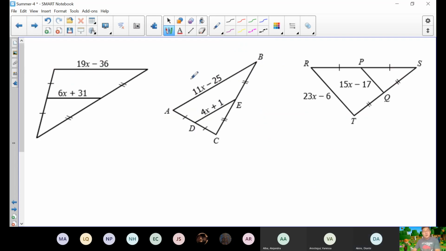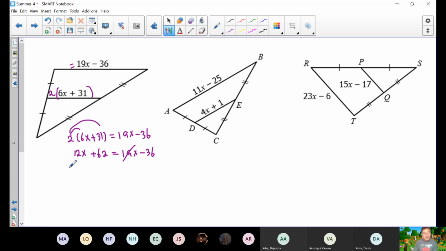All right, let's go to classwork. So classwork is the same thing, the same concept as what we have here. This line is half of this. How do we make it bigger to be equal? Multiply by 2, and set it equal to this, right? So we double this one, then it's equal to 19x minus 36. Distributing, 12x plus 62 equals 19x minus 36.